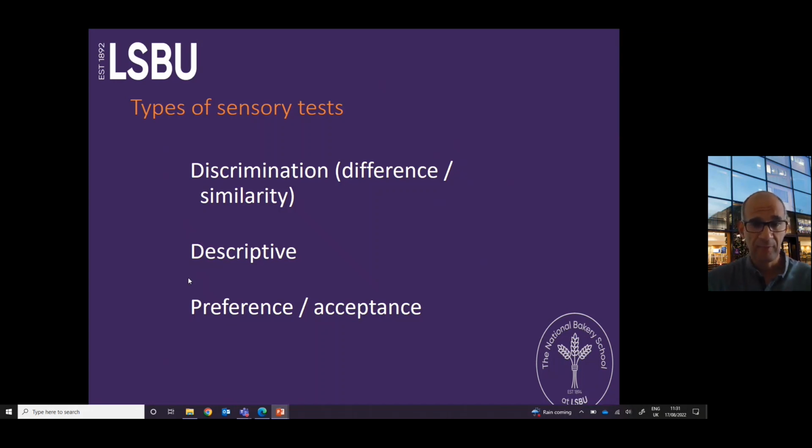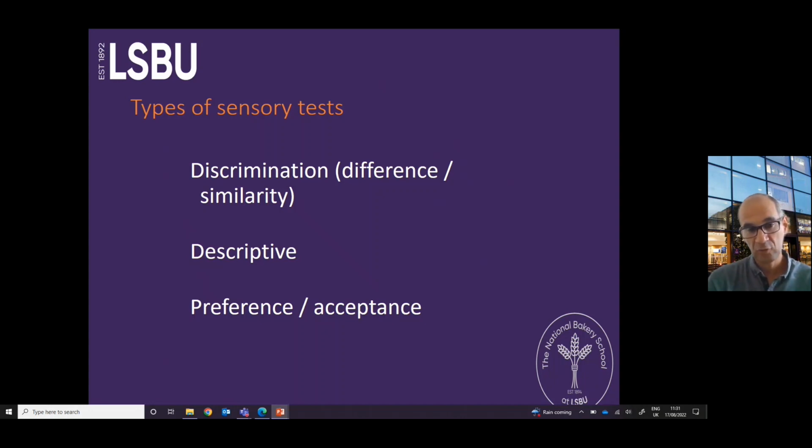And then the final type of tests are preference and acceptance. Here we give products to people, and there's no right or wrong answer. We just want to know if they like the product. So they can rate on a scale how much they like the product, or they can tell us which product they prefer.